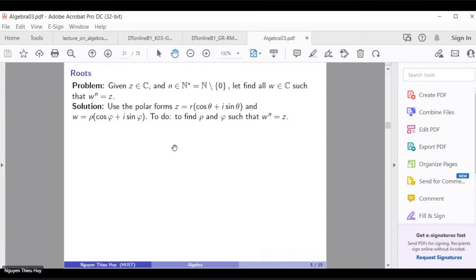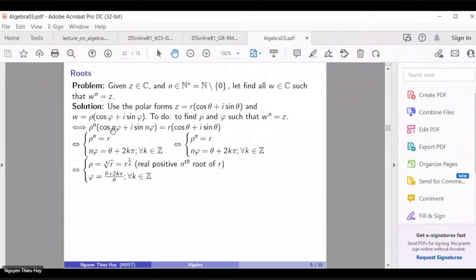Here we have r and theta, of course, given. Actually, we can determine what rho and phi are by raising this w to the power n. Here we obtain rho to the n times cos n phi plus i sine n phi.